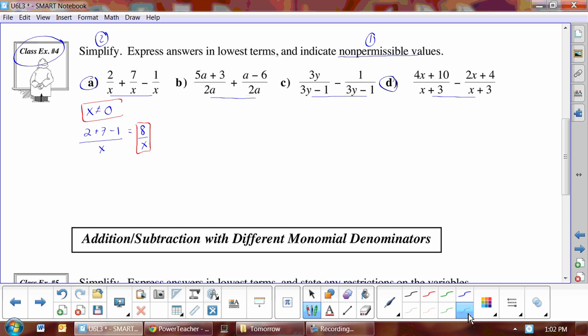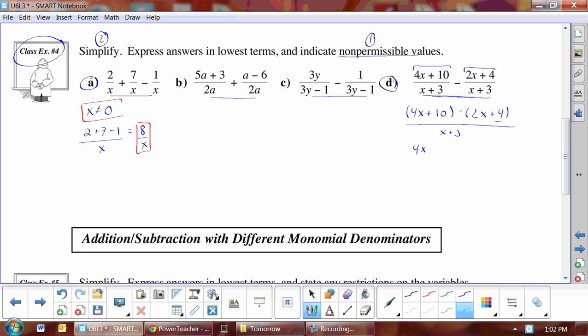So if we look at D, it's the same thing. Our denominators are already common, so we can go, okay, 4x plus 10. And like in the previous one, because these are binomials here, I usually stick them in brackets first, just so I remember to distribute that negative sign. Because someone will forget to make this a negative 4. Yeah.